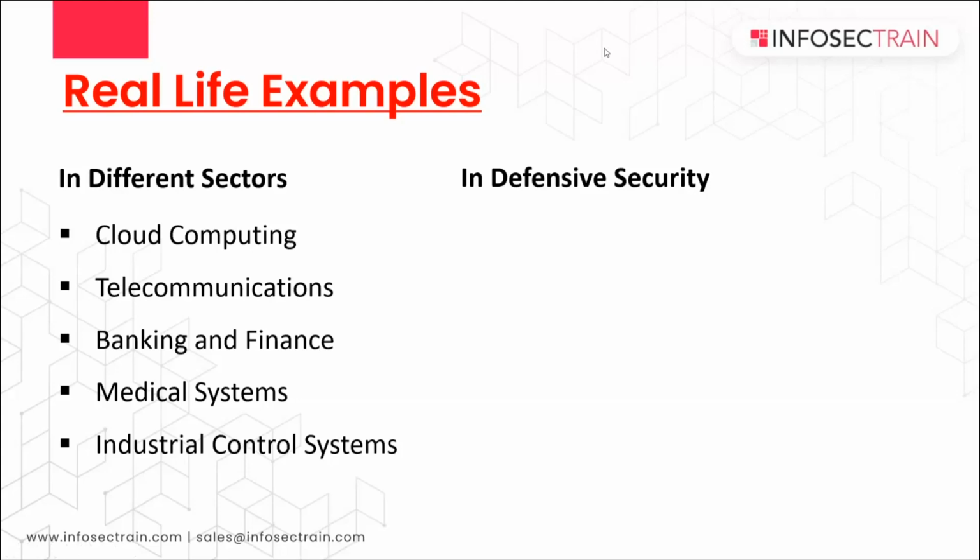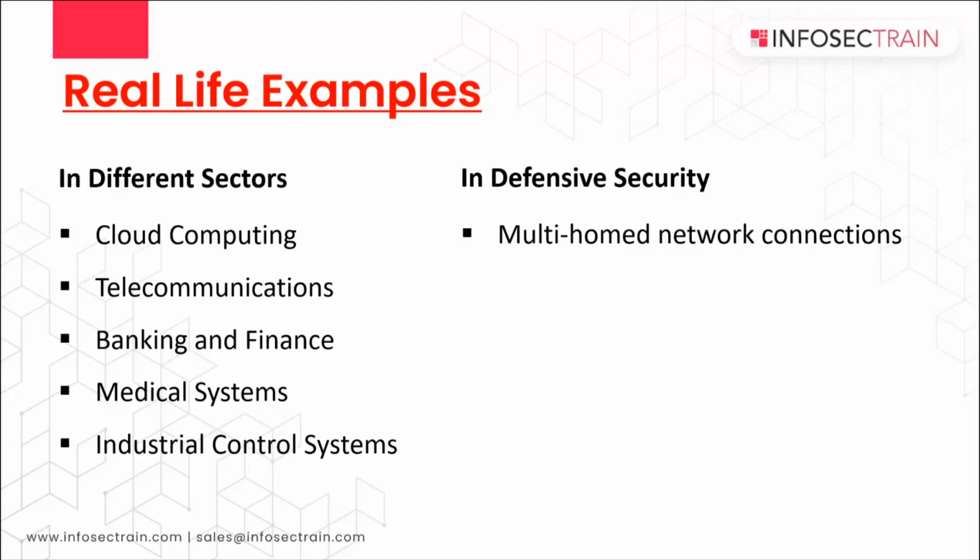Now, what are the different examples from defensive security, where we use network redundancy in defensive security, guys? We can use network redundancy in defensive security like multi-homed network connections.